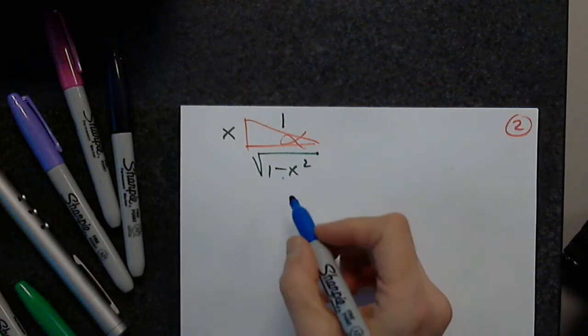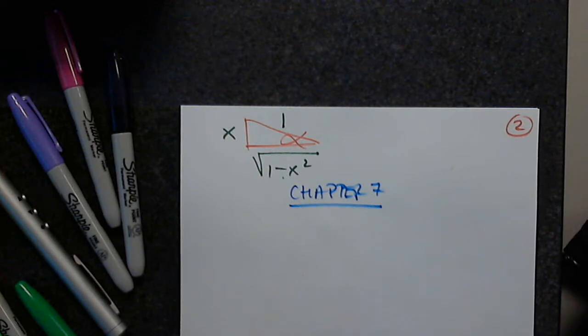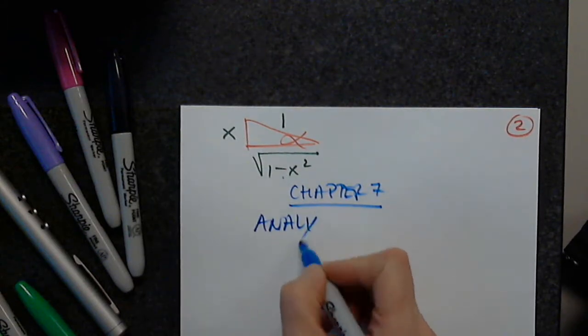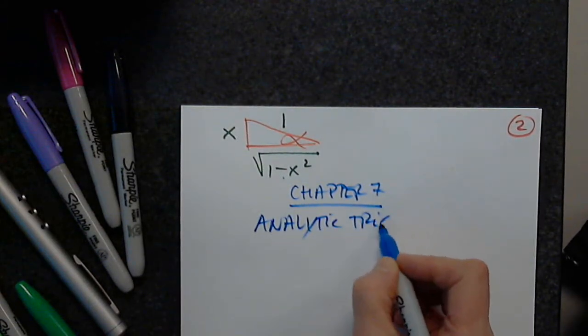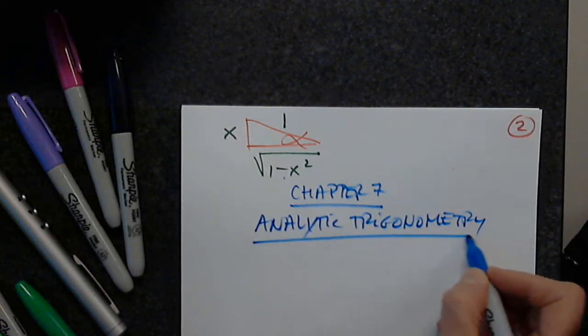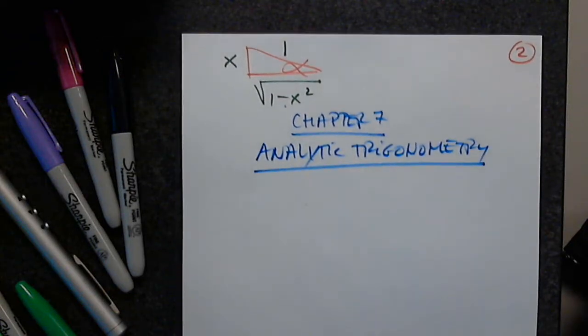Okay, chapter 7. Chapter 7 deals with very interesting things. It's so-called the Analytic Trick. What are we going to look at in this chapter?